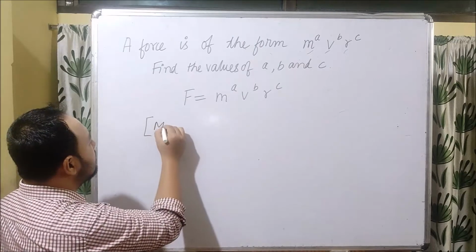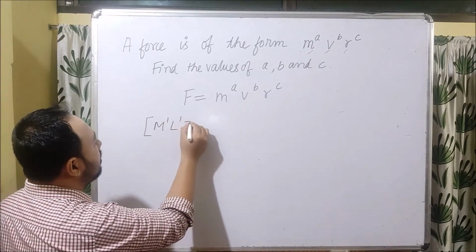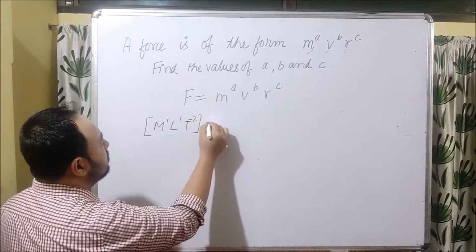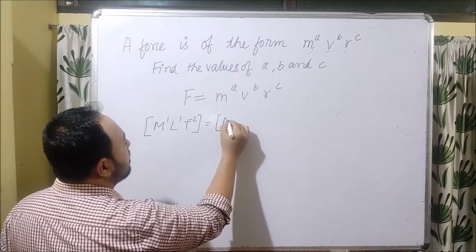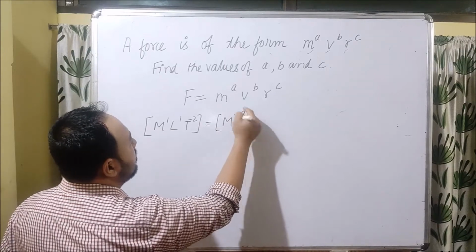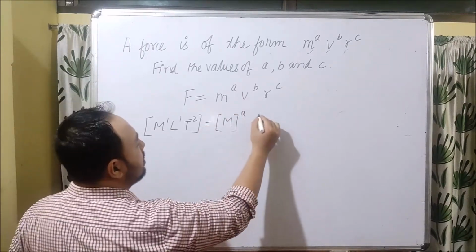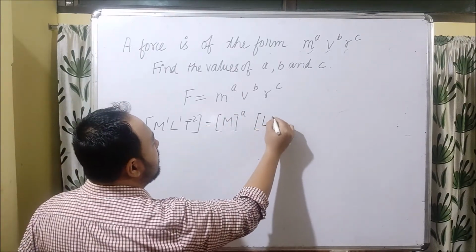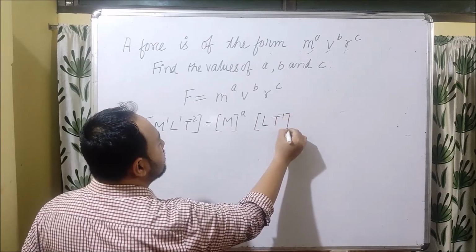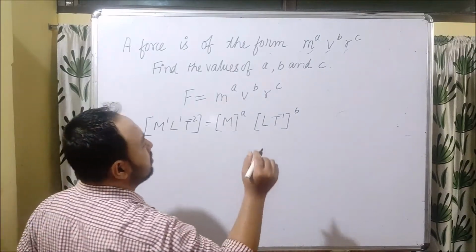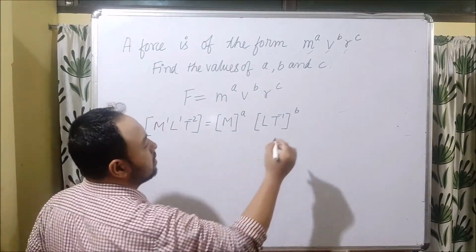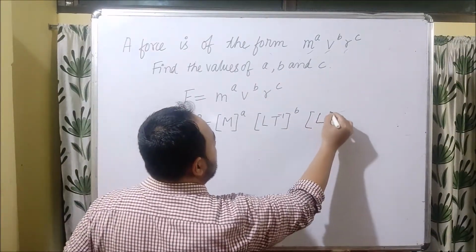It is m1 L1 T minus 2, and for mass it is m. For velocity it is L T to the power minus 1, and for r, which is denoted for radius, it is L.